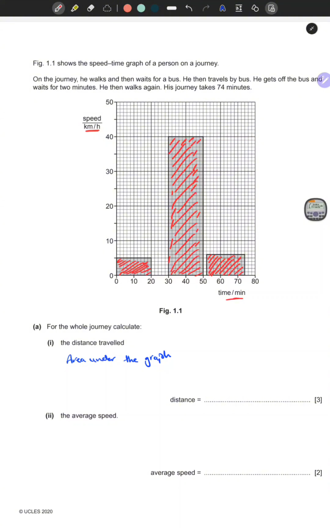Either I change hours into minutes or change minutes into hours, and perhaps changing the minutes into hours, so everything here will be over 60.